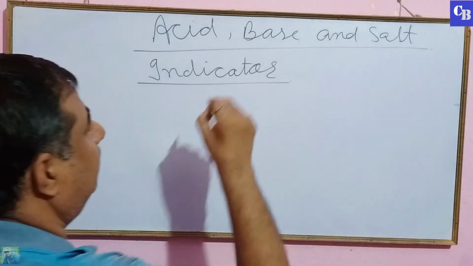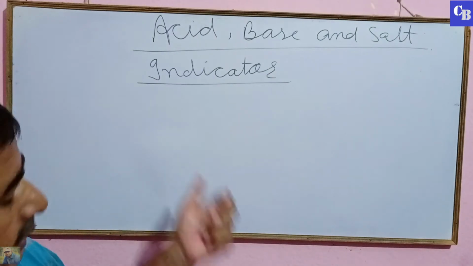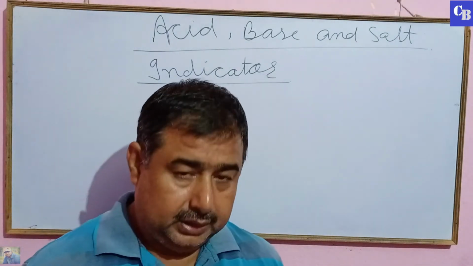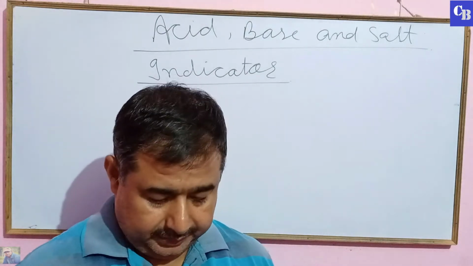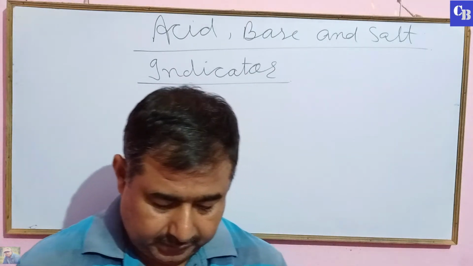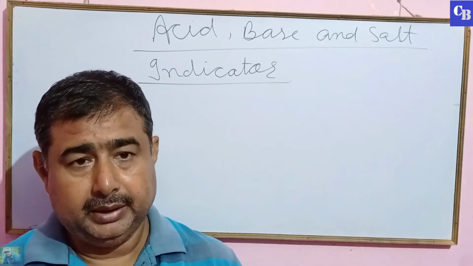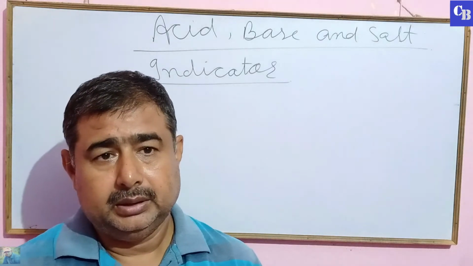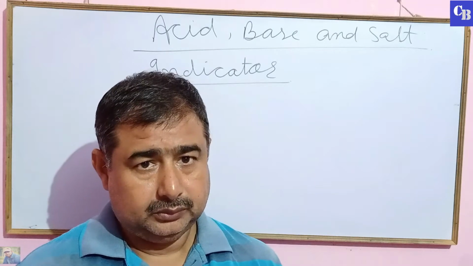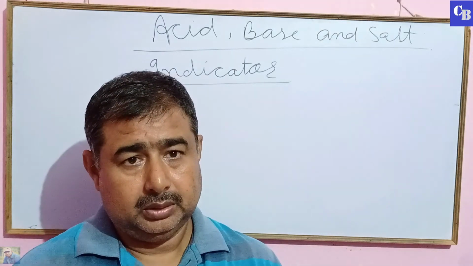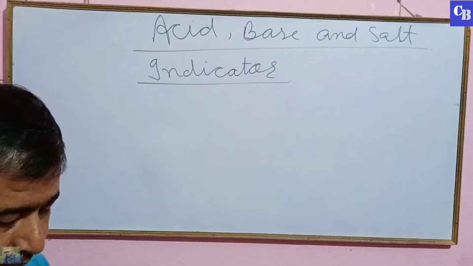About indicator. An indicator is a dye, a color, which gives different colors in different compounds depending on their properties.